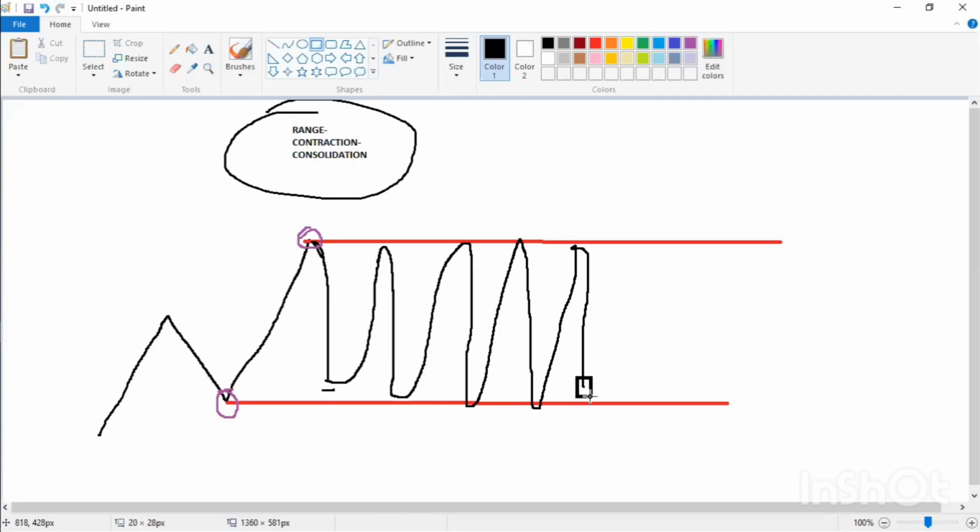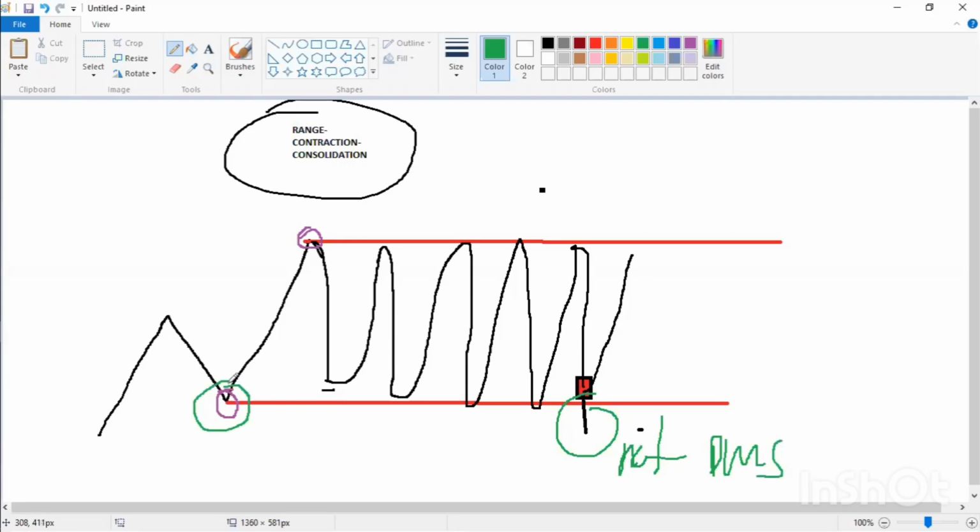The candle is like this, and then after the candle, price goes back up again. This is not a BMS. So our higher low is still this one. This is not a BMS, so we are still in a range.